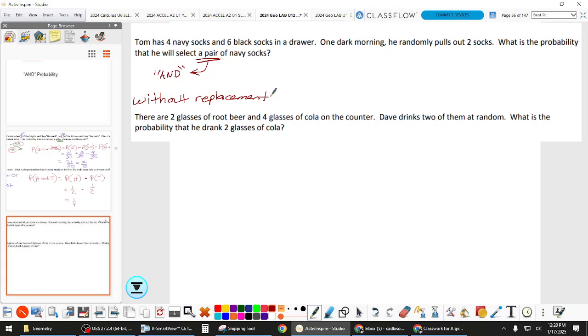Now, I've told you that sometimes probability bites me, right? Sometimes I'm like, well, how do you know he picked a navy sock first? And if you don't know that, you can't address the second pull because who knows what's left in there. Do you kind of see where I'm going with that? So you have to read into the request.